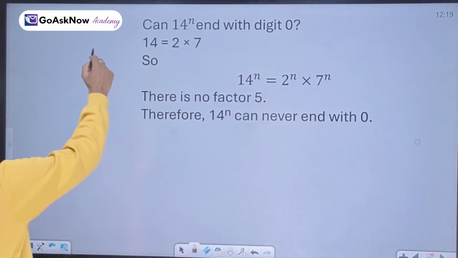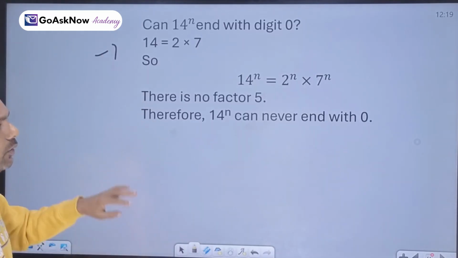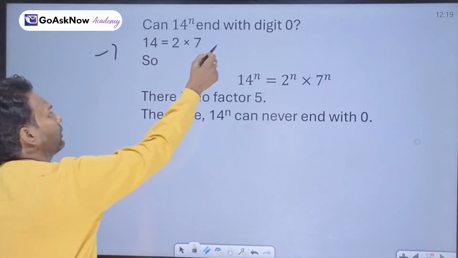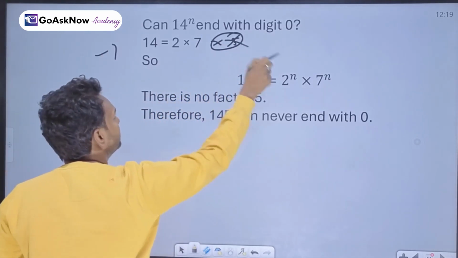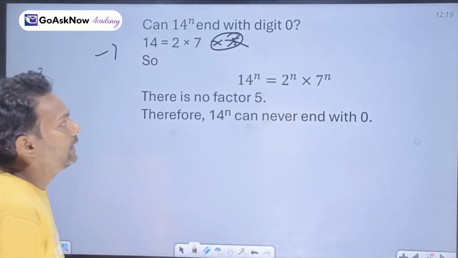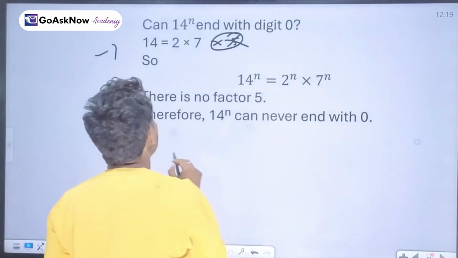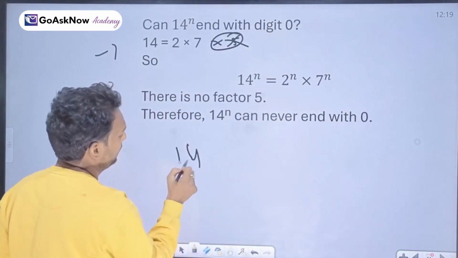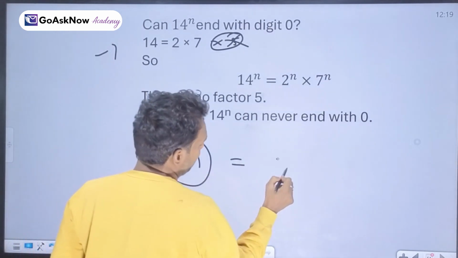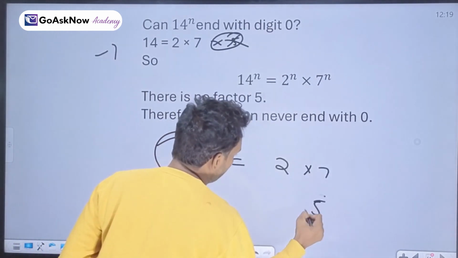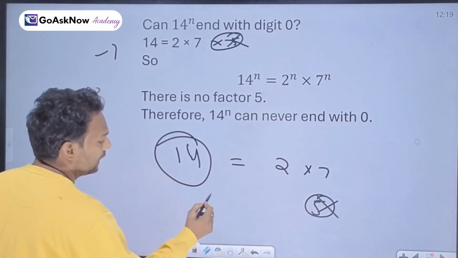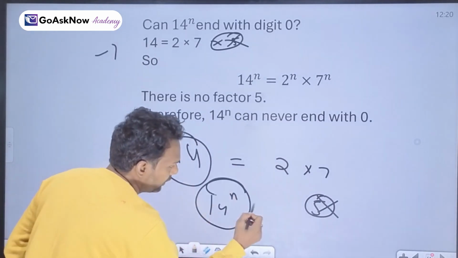Now the question is, can 14 to the power n end with 0? No. Why? Because 5 is absent here. The factors of 14 are 2 and 7, 5 is not there, so we can conclude that for 14 to the power n, there will be no 0.